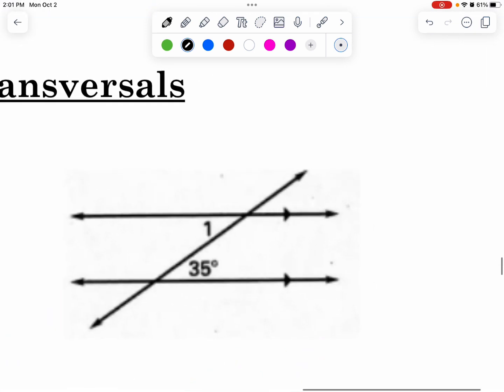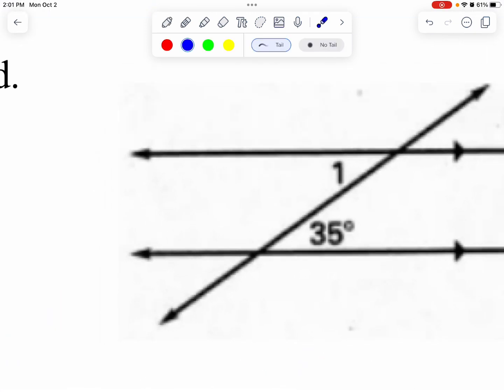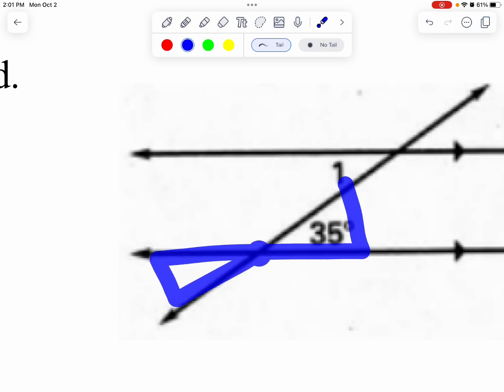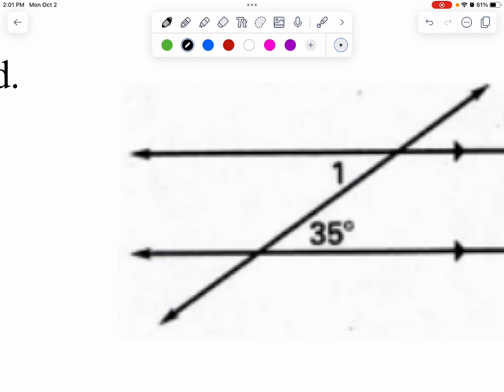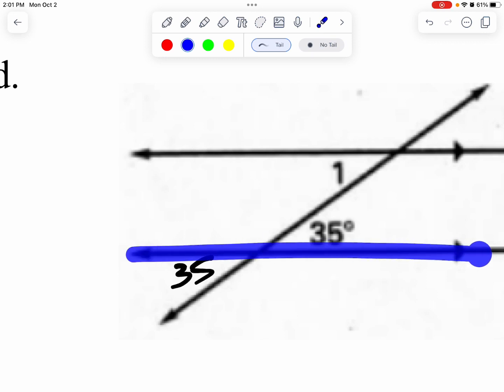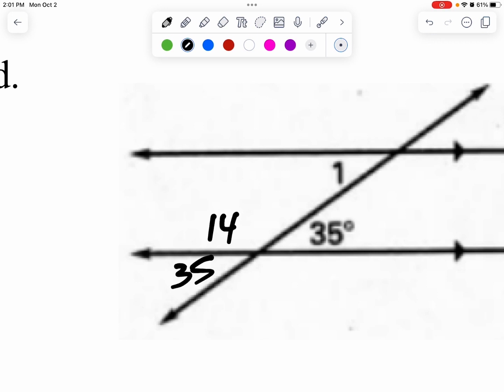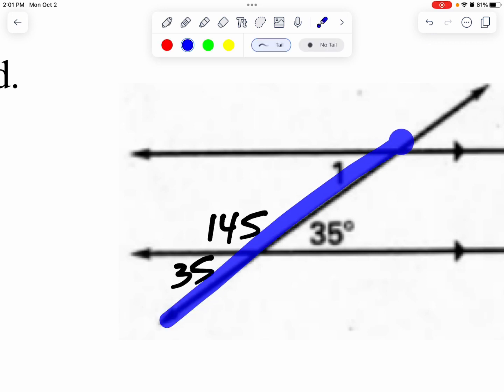Last one, I see another bow tie. I've got 35 here, so I'm going to put 35 here. And I'm pretty sure if I can add up to 180 degrees, if I subtract 35, I get 145. You could also look at this straight line. No matter how you look at it, they equal 180 degrees.